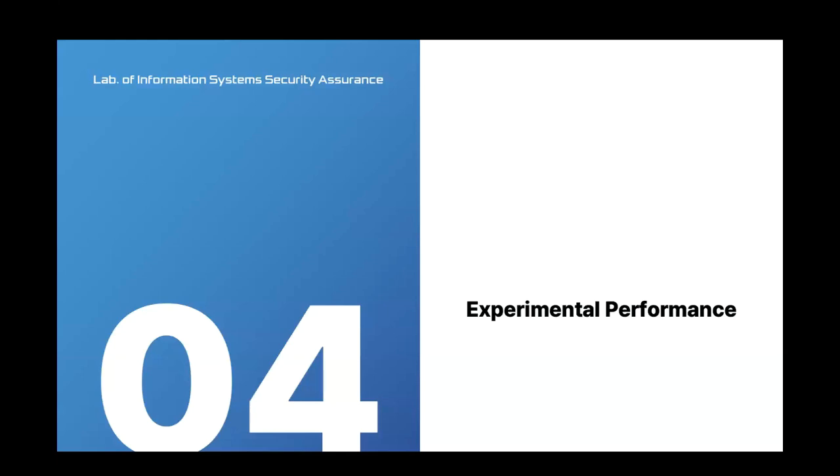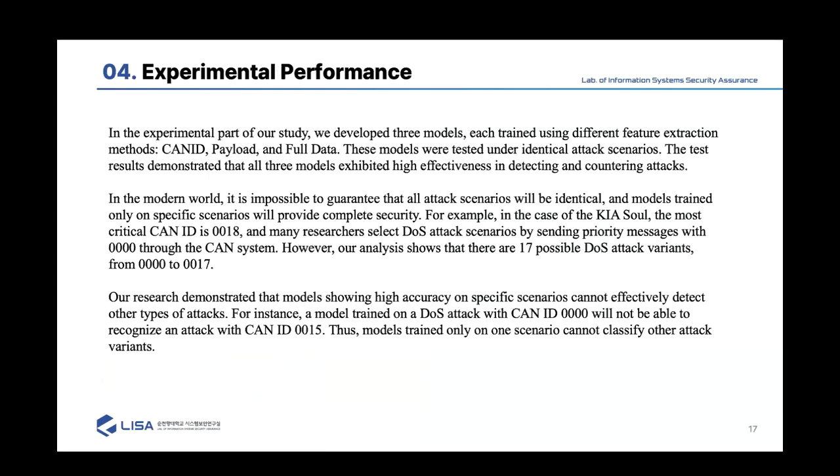Let's discuss the experimental performance. Firstly, we developed three models, each utilizing a different feature extraction method. The first was the CAN-ID model, which focused on control area network identifiers. The payload model analyzed the payload within the CAN message, and the full data model used the entire dataset without specific feature extraction.